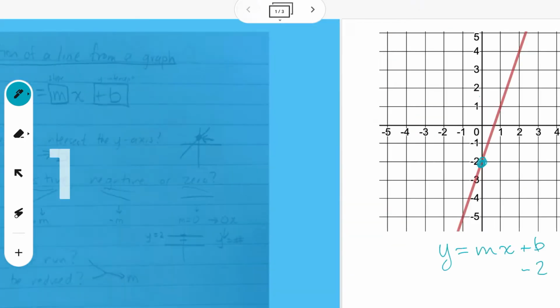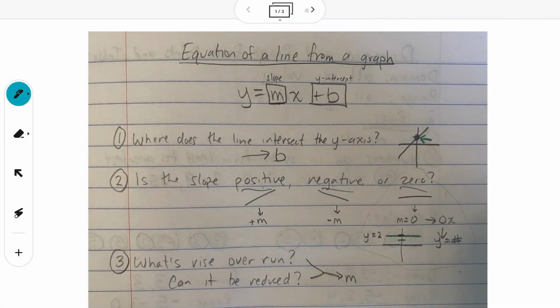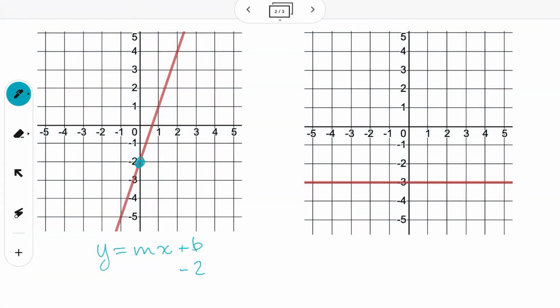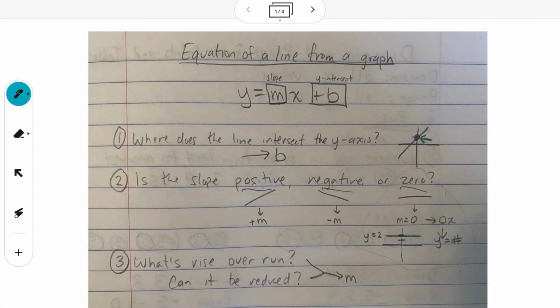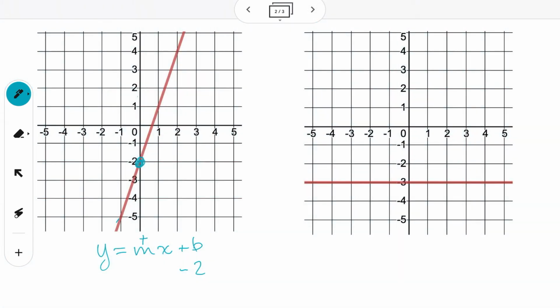Now my next step, remember, is the slope positive, negative, or 0? So I take a look at this slope. I see, oh, from left to right, that goes uphill. So that slope is going to be positive. And then my third step is rise over run. So I'm going to find 2 points in the graph. I already found this one, and I see this one. So I'm going to count my rise.